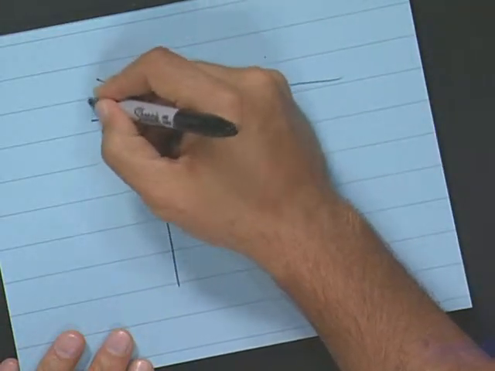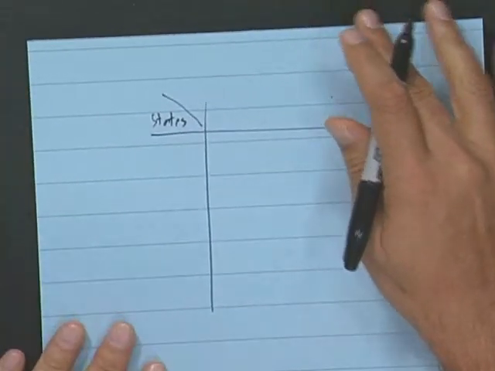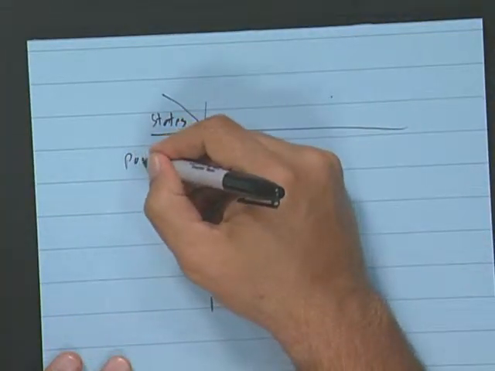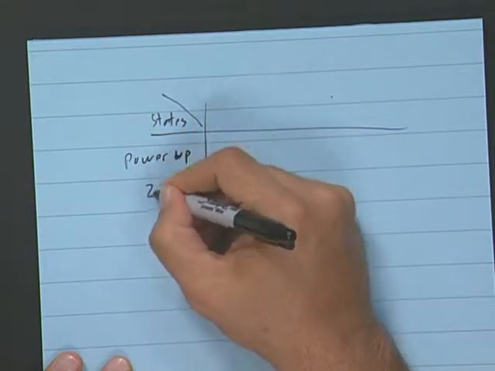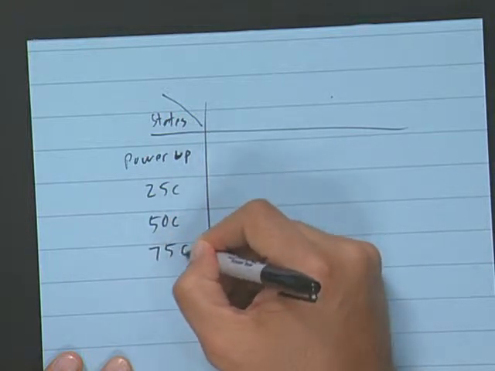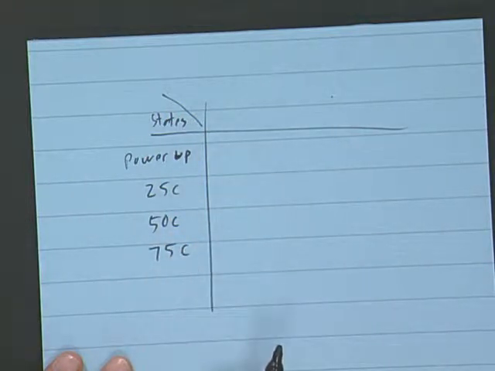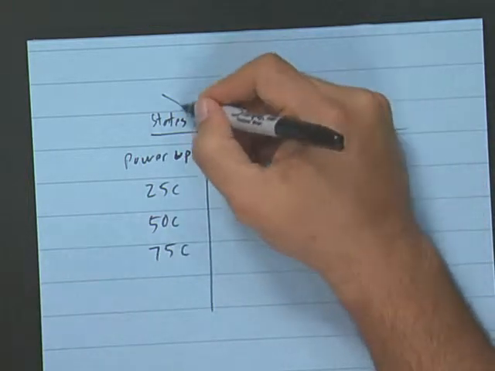If I have a matrix and I've got some states here, I have a power up state, and a 25-cent state, and a 50-cent state, and a 75-cent state, right? And then I have these different events. What are my events?